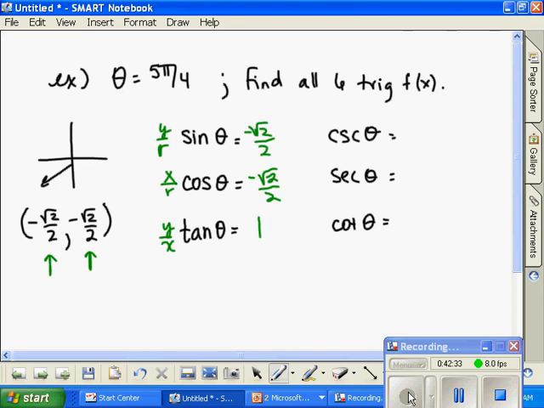All right, cosecant. It's r over y, or 1 over y. So I think the shortest way to do that is take the y part of your ordered pair and just flip it. So that's going to be negative 2 over root 2. Can't leave it like that. What does it become?